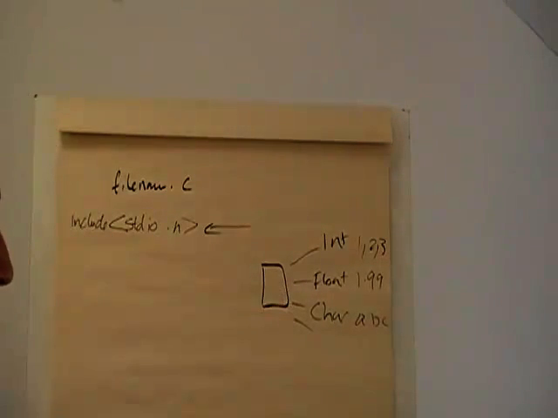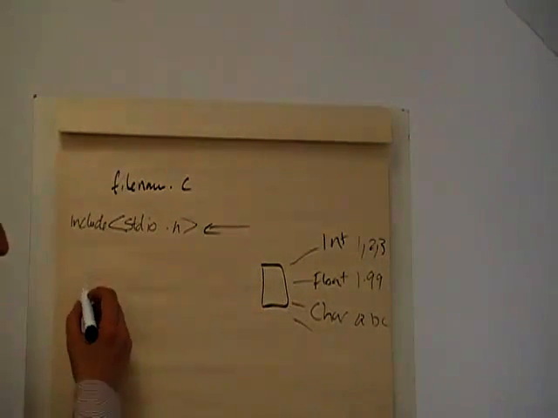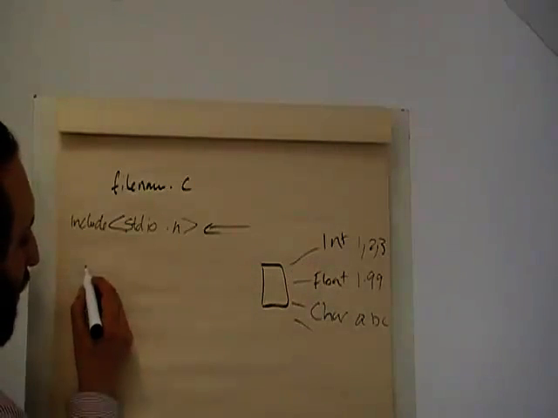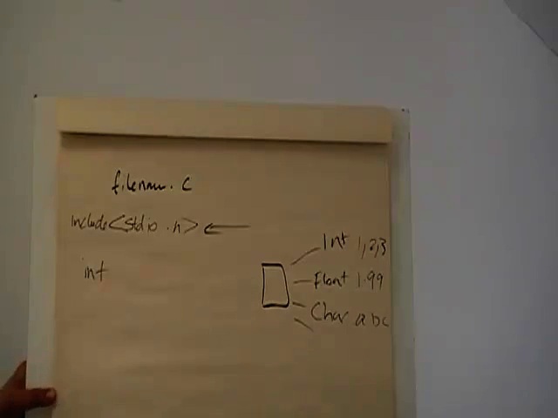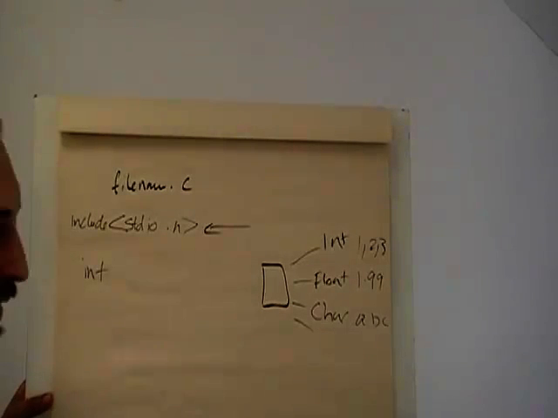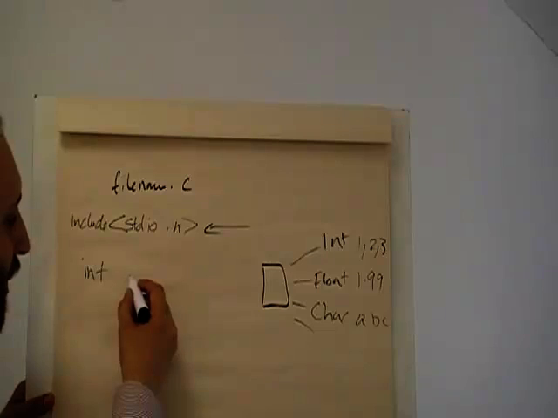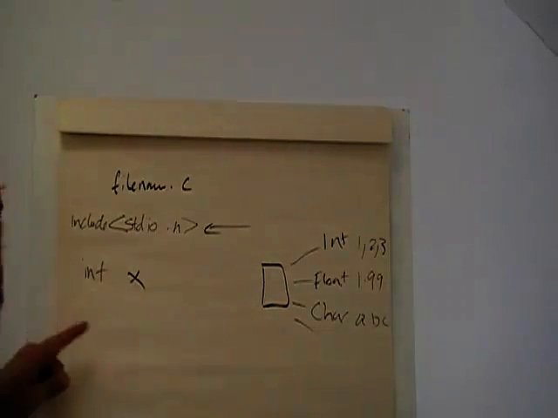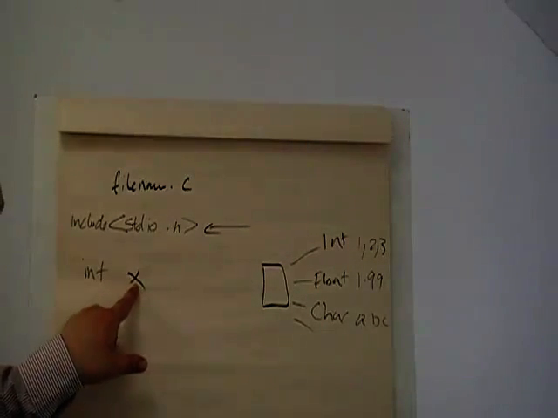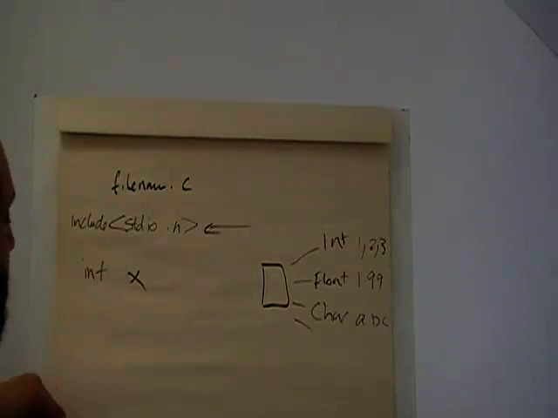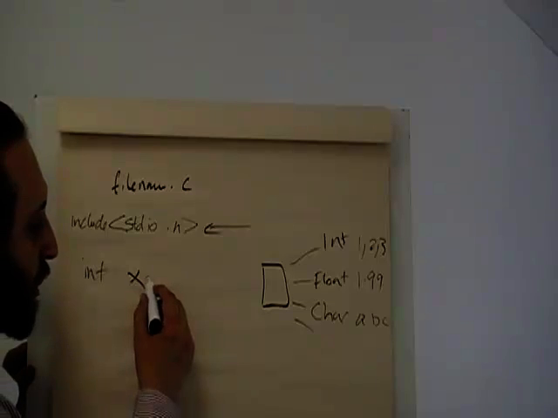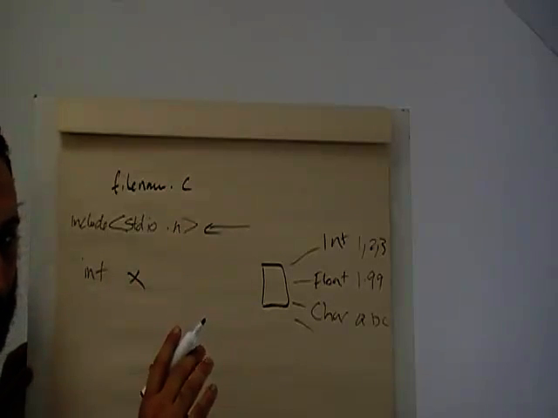The way to do that is by putting the type. So with this integer, int, we're going to use a character of some sort. I'm going to put x here. So basically what I'm saying is x is a type of int, and then we can assign a value to x, or we don't have to at this moment in time.